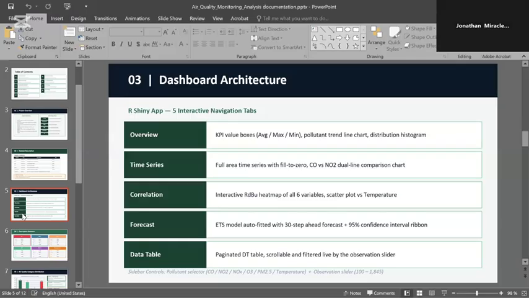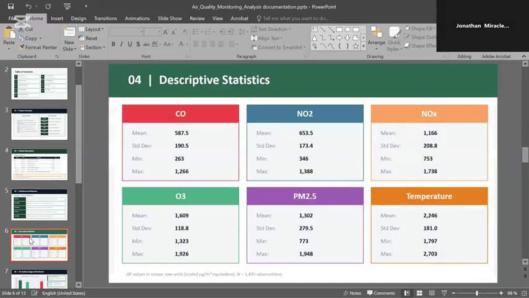Looking at slide 6, which is the descriptive statistics, are the summary statistics across all 6 variables in sensor raw units. PM2.5 shows the widest spread with a standard deviation of about 280 and a range from 773 up to 1,948.03, which is the most stable, with a standard deviation under 120.